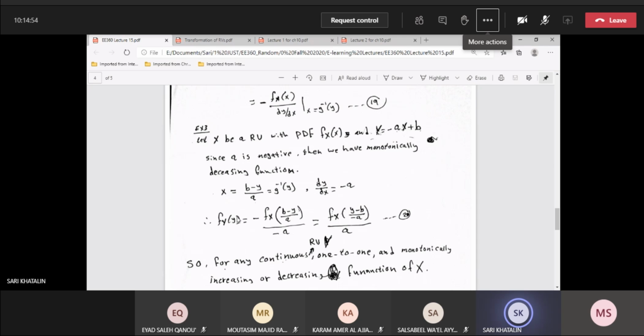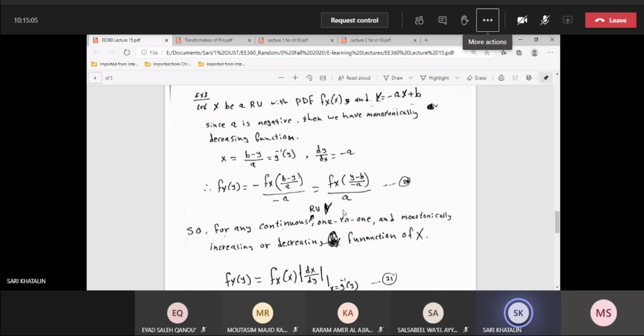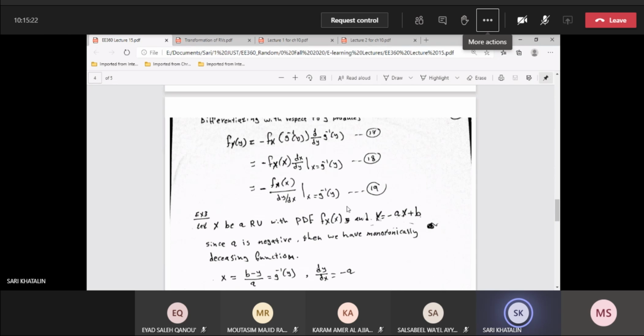So you plug all this into equation 19, the x and the derivative of y with respect to x, and you will end up with fx of (y minus b) divided by minus a, divided by a.